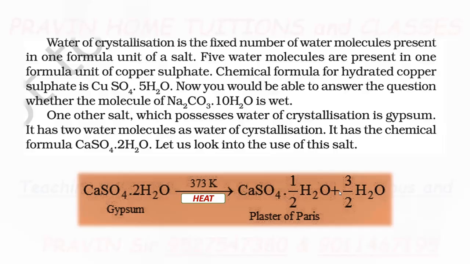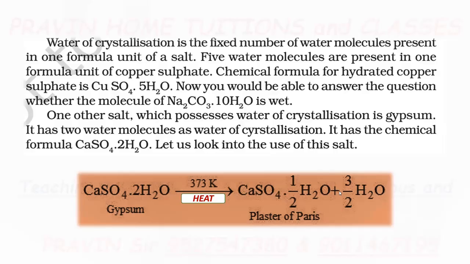The chemical formula for hydrated copper sulfate is CuSO4 5H2O, as one formula unit of salt contains 5 water molecules. Now you would be able to answer whether a molecule of Na2CO3 10H2O is wet or not. It's not wet because it is hydrated.